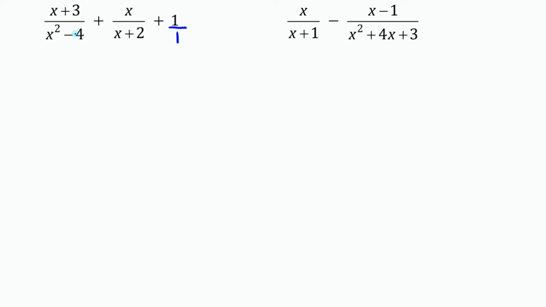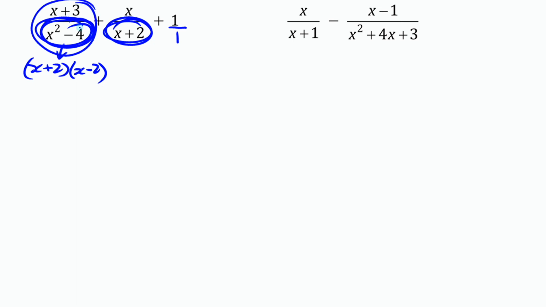This actually can be written as x plus 2, x minus 2. So actually, this denominator already has this as a factor, so you don't need to change this fraction because it already has those 2 factors. The ones that we are going to need to change are these ones over here. So our lowest common denominator is going to be x plus 2, x minus 2.